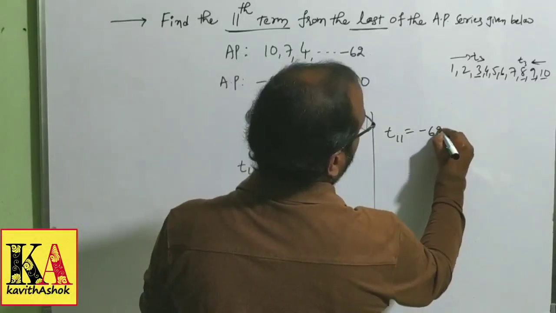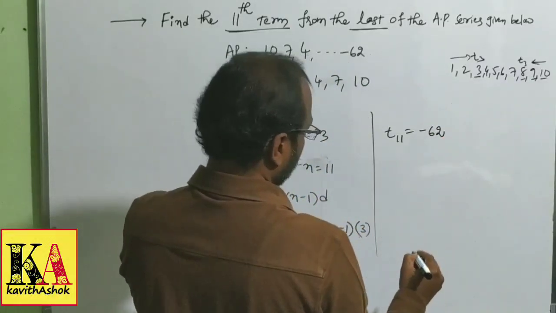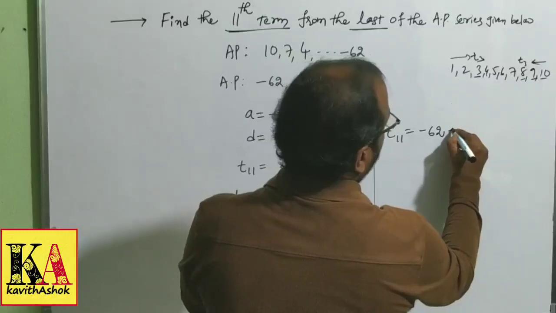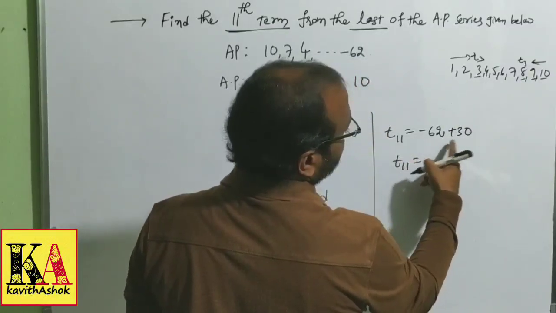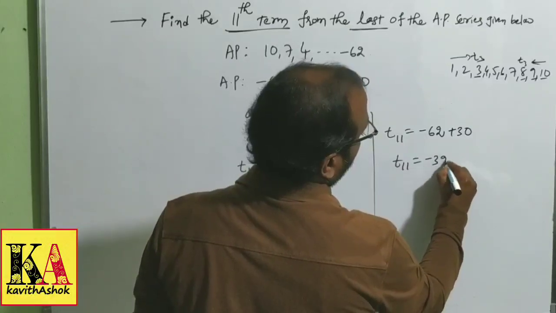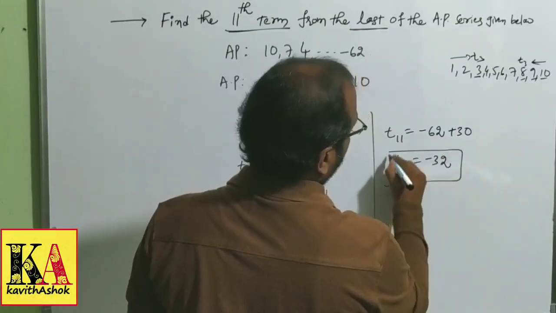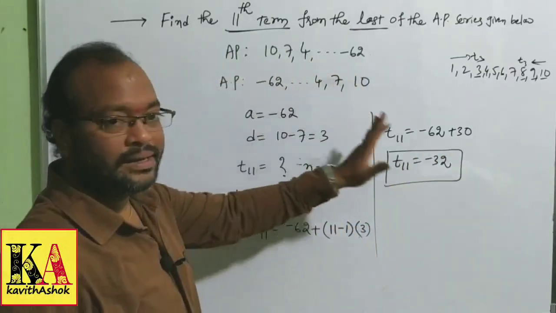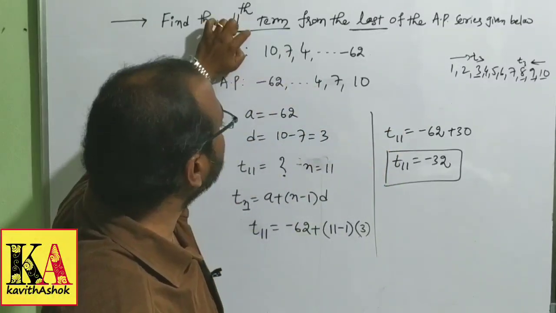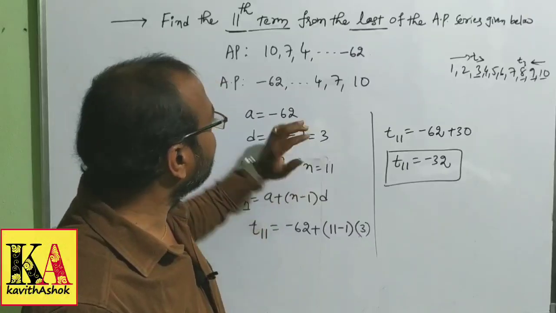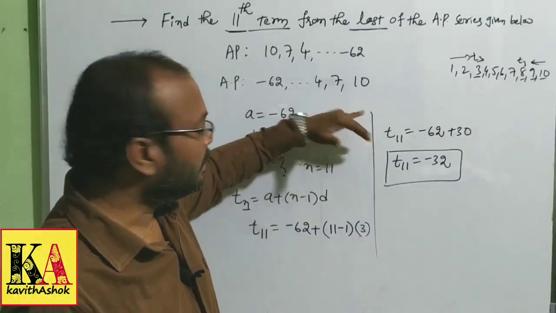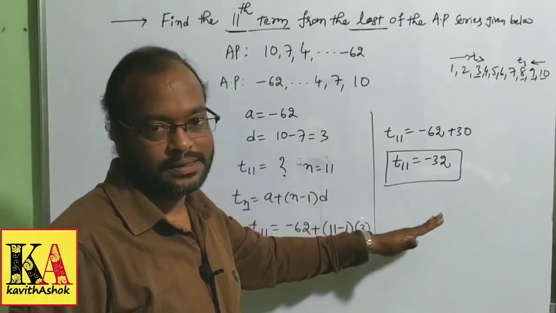So T11 is minus 62 plus 10 into 3, that is 30. T11 is equal to minus 62 plus 30, which is minus 32. So in place of the 11th term from the last, the answer is minus 32. The only difference is: first write down in reverse order, and as usual we can calculate the answer.